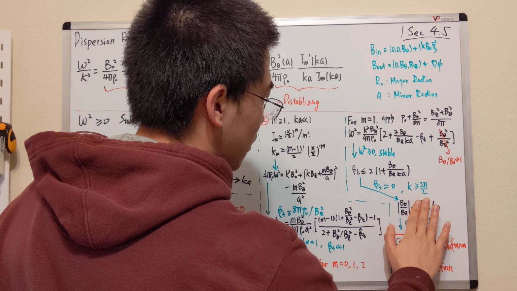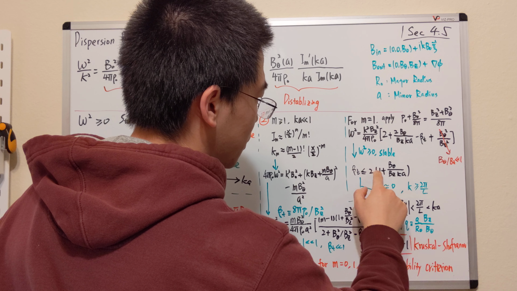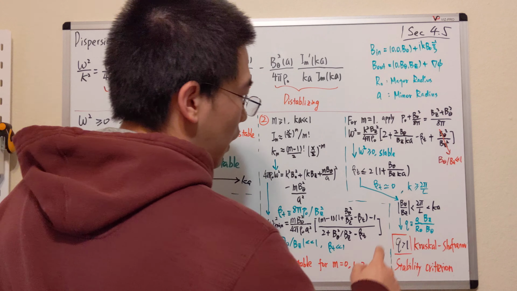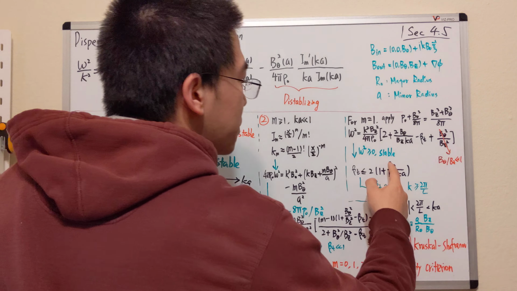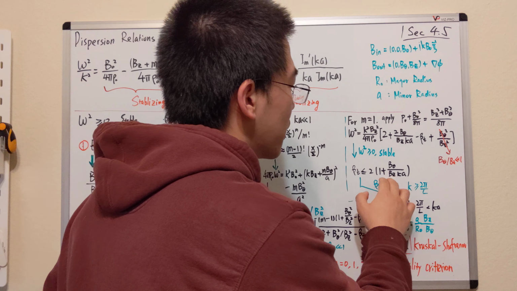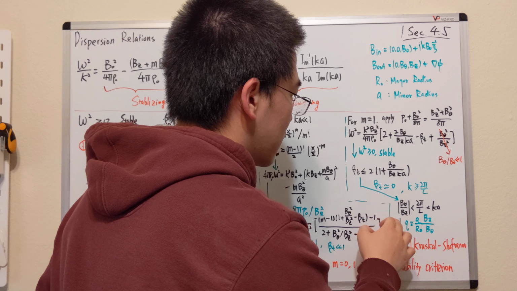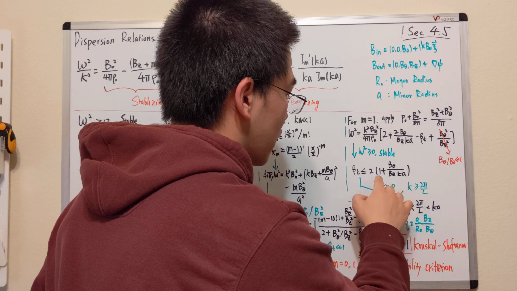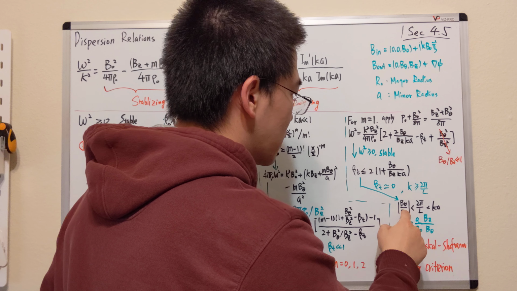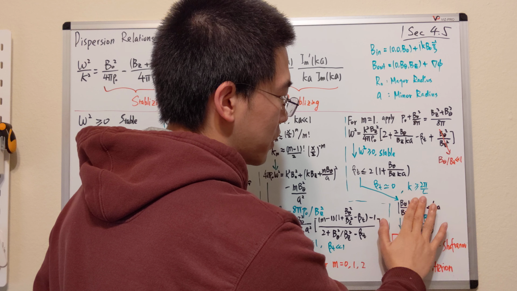Then we are left with 0 less than or equal to 1 plus B theta over Bz ka. Let's assume B theta over Bz could change sign, so this term could be negative, and then after some algebra we are left with B theta over Bz less than or equal to ka.